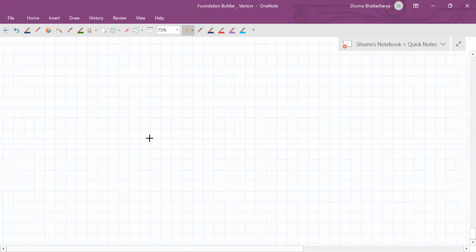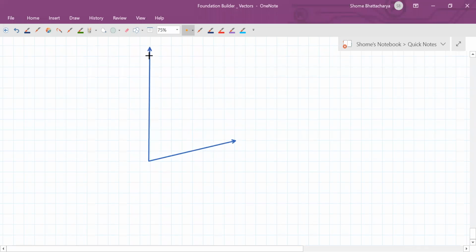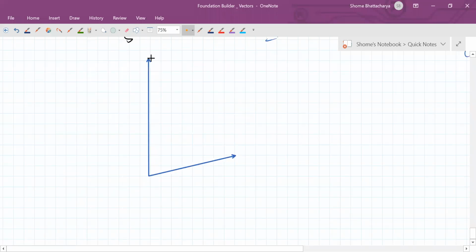The vector P was like this, 50 meters at the 30 degree kind of angle, and the vector Q is 100 meters, let's say like this. So from the common origin point, vector P, which is 50 meters, and vector Q, which is 100 meters.